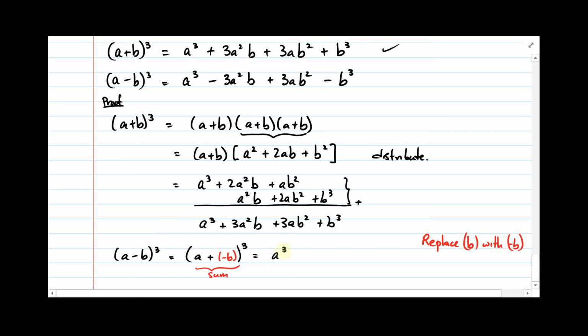So I have a cubed, 3a squared, but instead of putting in b, I'm going to put in minus b. And I continue. 3a, and I'm going to insert negative b for b. Go again. Negative b, and this time it's squared.